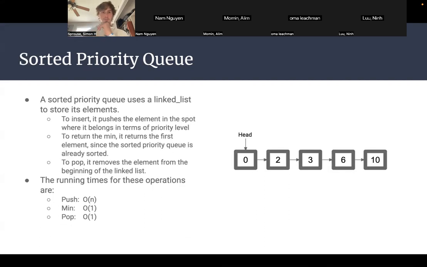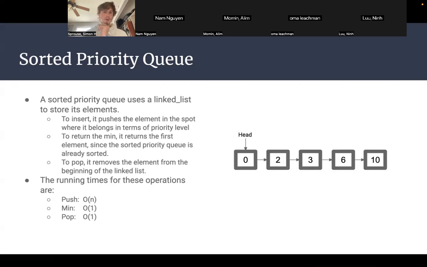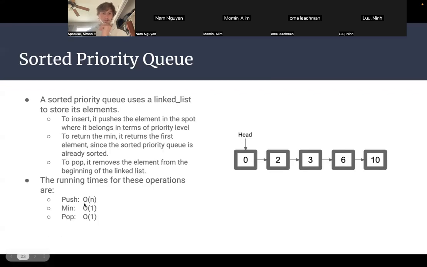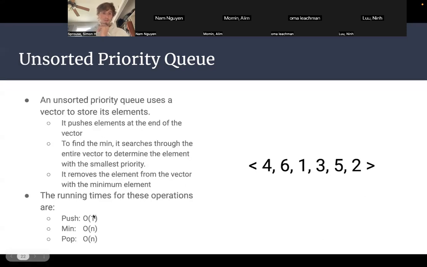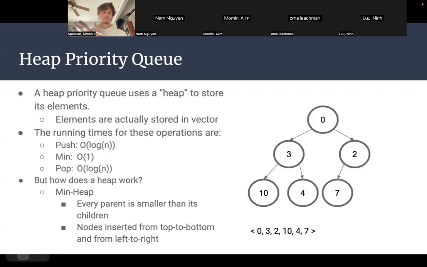Between these two approaches, the unsorted priority queue and the sorted priority queue, what I want you to notice is that we are juggling between linear and constant runtimes for our two different operations, right? We either have linear push and constant pop, or constant push and linear pop. Well, the binary heap provides a solution that is perfectly in between the two of those.